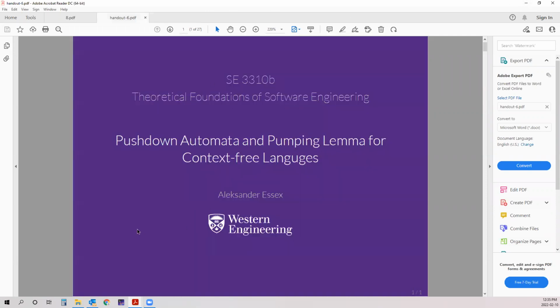So, our class today: push-down automata and pumping lemma for context-free languages. We'll see a more advanced level of pumping lemma, where we split the string into 5 parts instead of 3 parts as for regular languages. So be careful when you answer the question. In the midterm, just the pumping lemma for regular languages was studied.